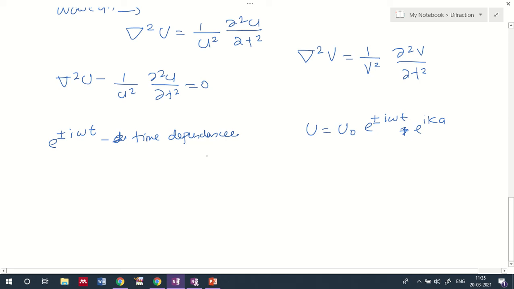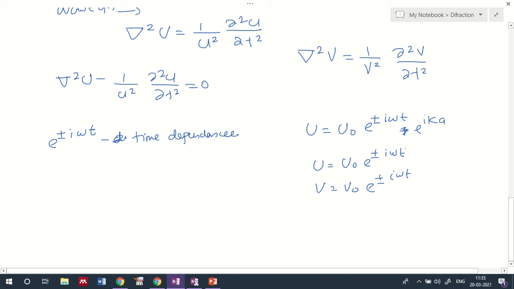Okay, so if you substitute u0 e raised to plus or minus i omega t in the equation, and v equal to v0 e raised to plus or minus i omega t in the equation, then the volume part will be 0.